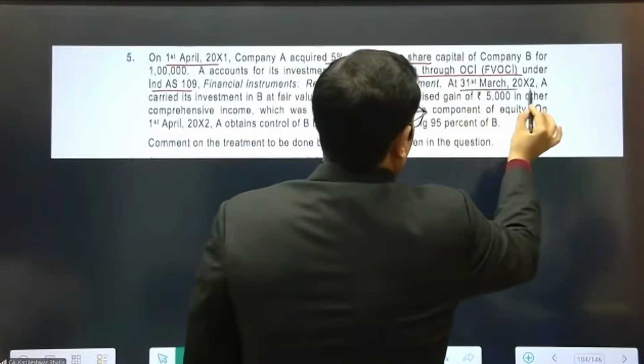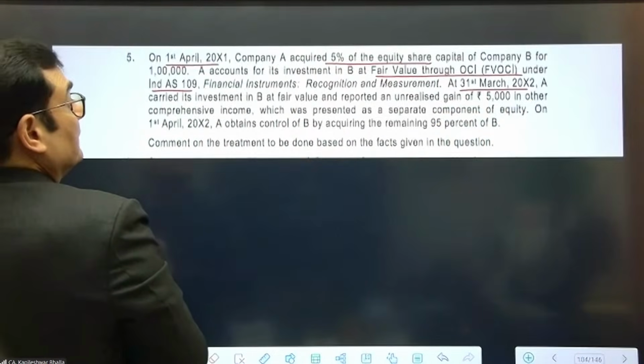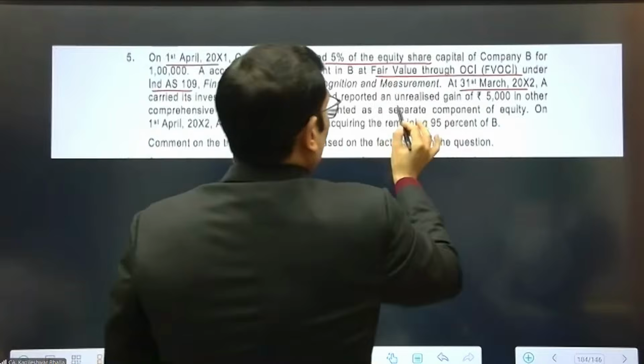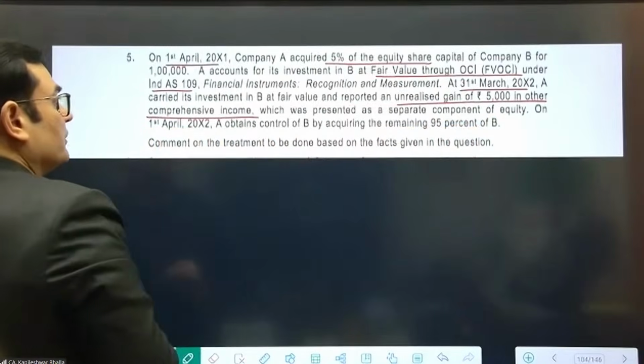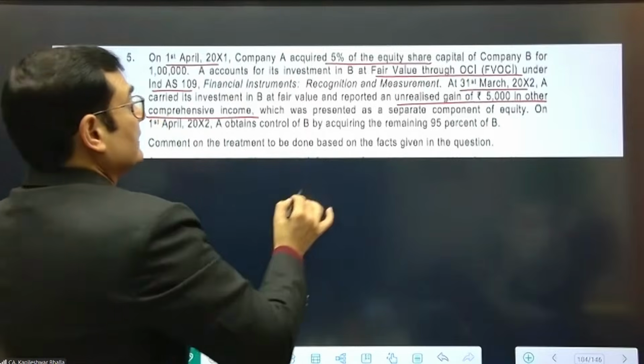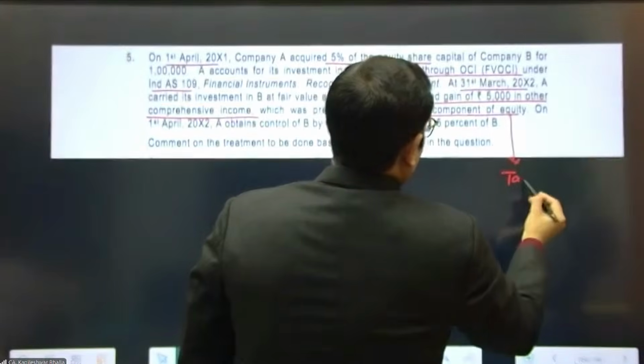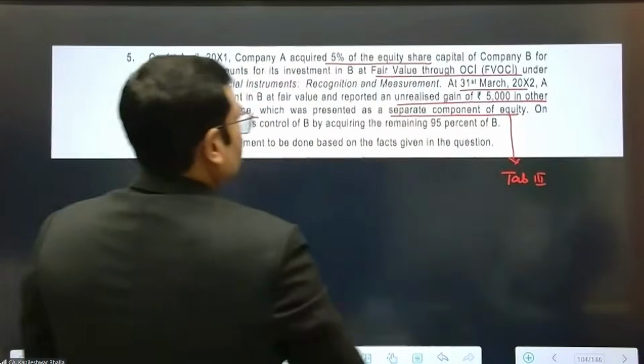Then he says at the end of the year, on 31st March X2, A carried the investment in B at fair value and reported an unrealized gain of 5,000 in OCI. So this is what is accumulated in tab number 3, and it is presented as a separate component of equity, which means it is presented in tab number 3.